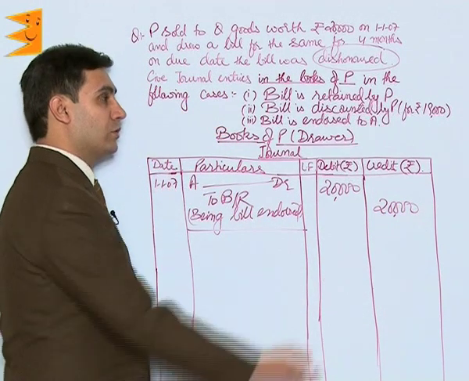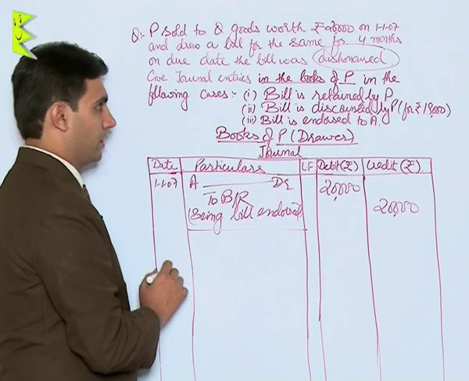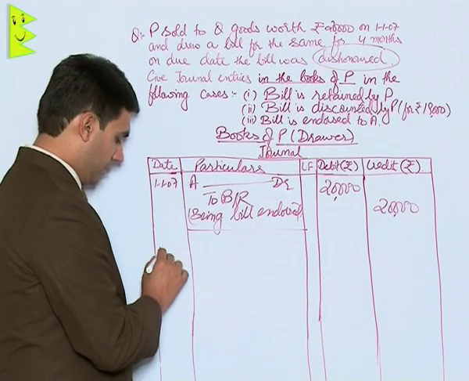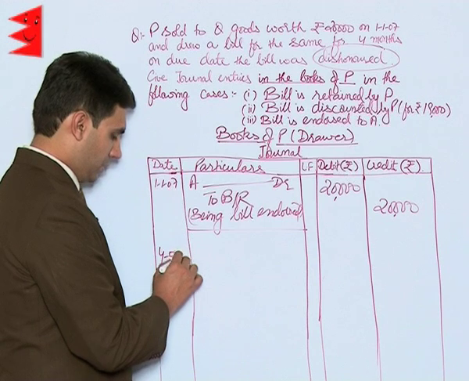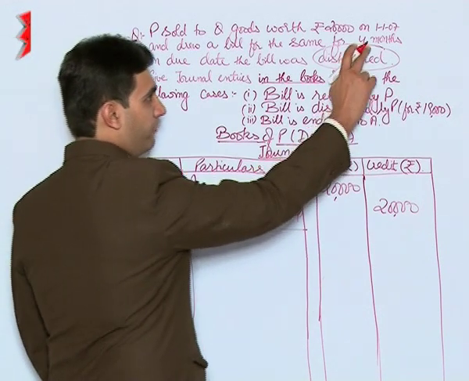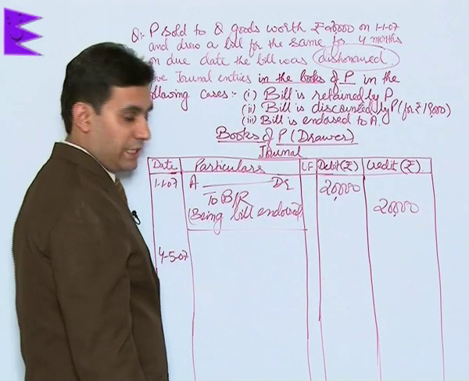Then later on it goes on to say that the bill was dishonored. So on due date, the due date is 4th of May 2007. That is by adding 4 months here and 3 days of grace.